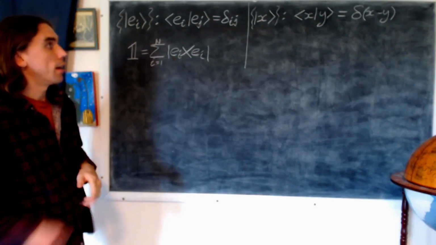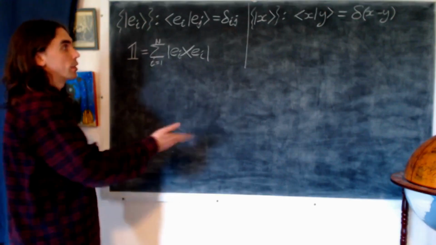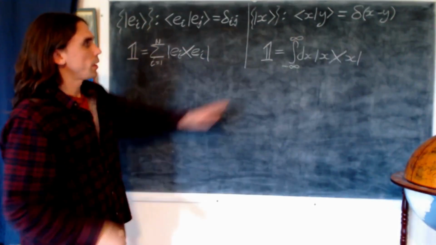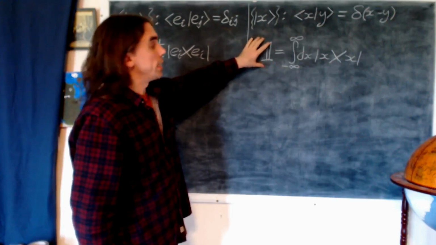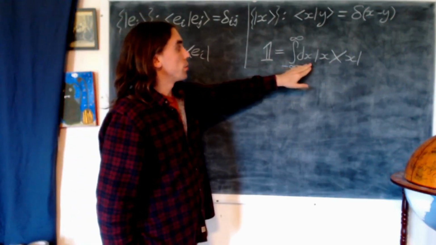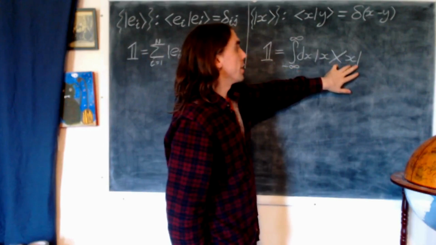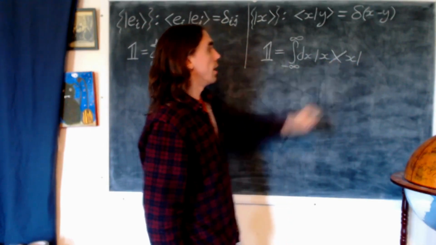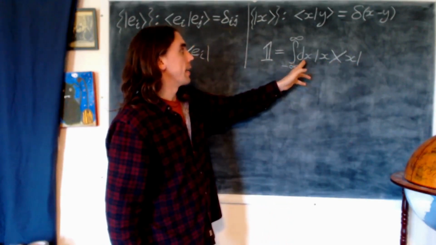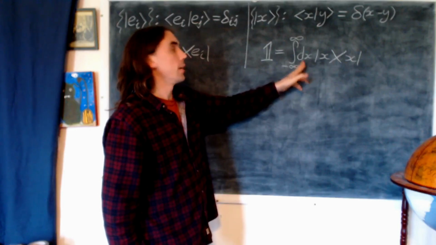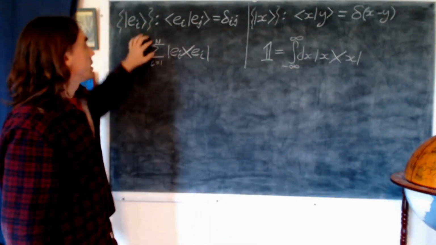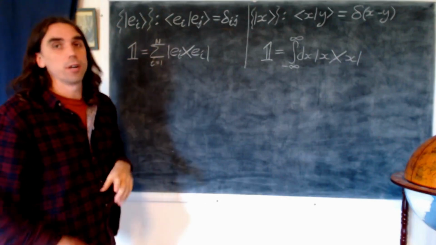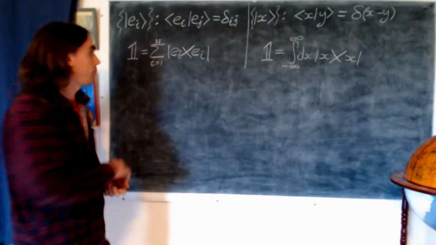In the infinite dimensional case, the equivalent is that the identity, which is really an identity operator, is equal to the outer product of the position states, |x⟩⟨x|, integrated over x from minus infinity to infinity. So the integral is replacing the sum because we've taken the limit of the number of dimensions going to infinity.